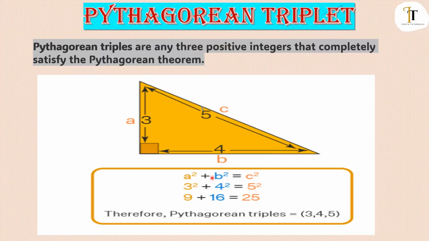So A square plus B square is equal to C square. On substituting the values, here A is equal to 3, B is equal to 4 and C is equal to 5. We got 9 plus 16 is equal to 25. So left hand side is equal to right hand side. Therefore here the Pythagorean triplets are 3, 4 and 5.